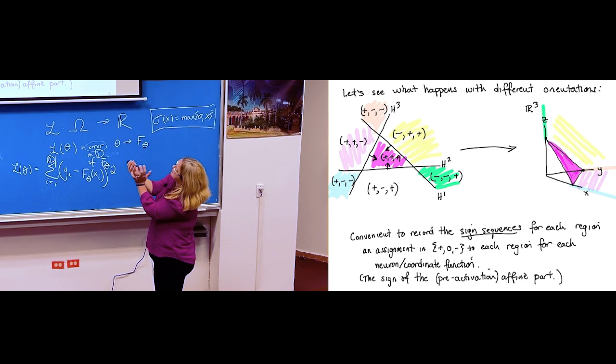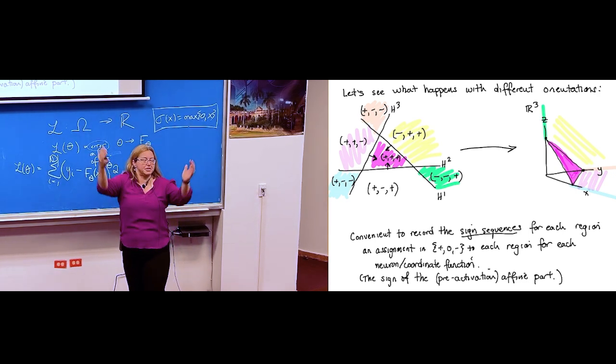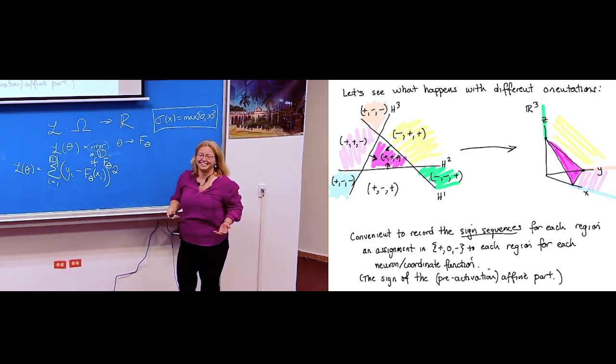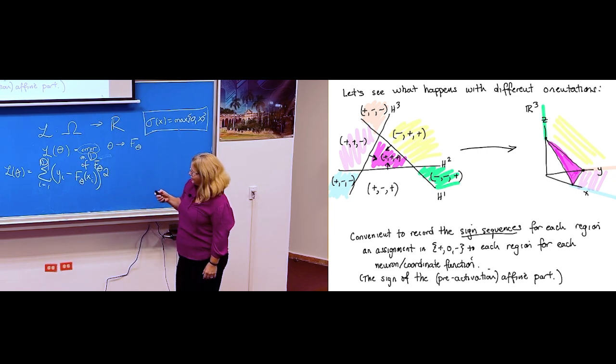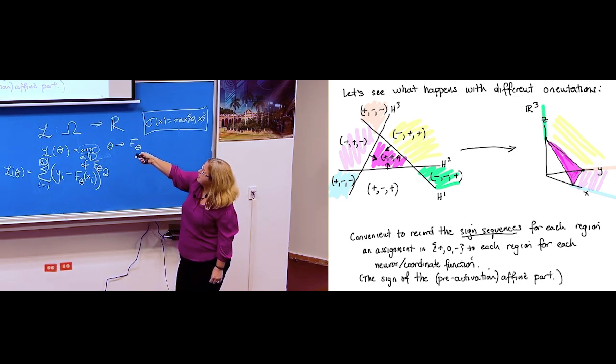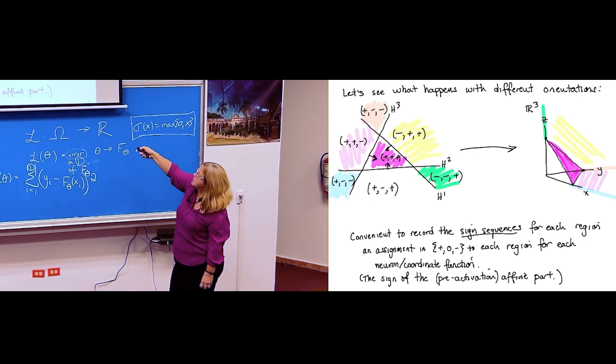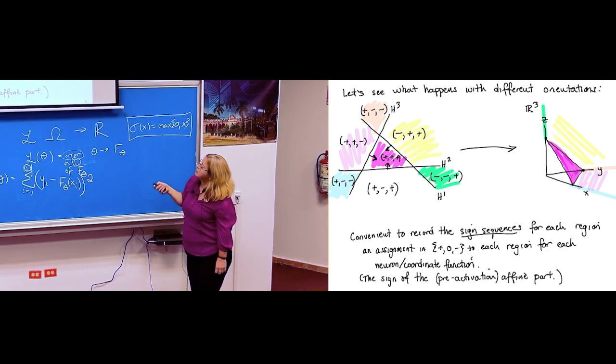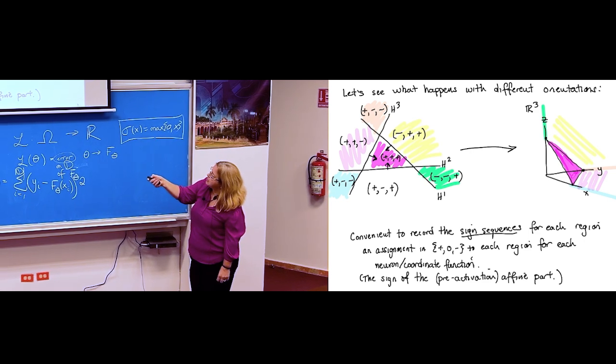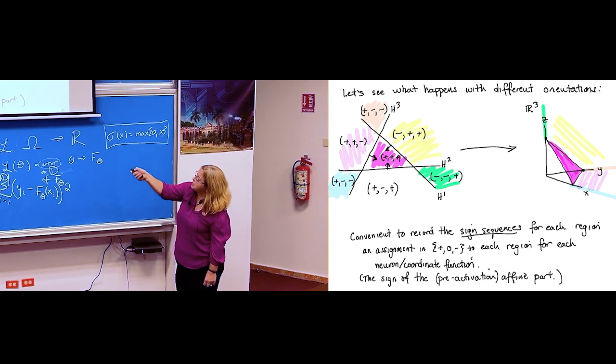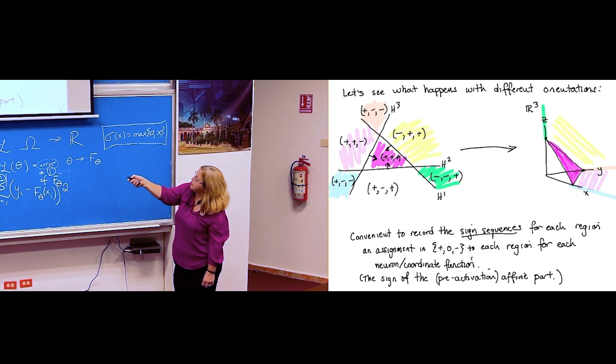And so you can see it just takes it and folds it up. So these signs, I call them the sign sequence. It's just convenient to record this for each region. So it's an assignment of either plus, minus, or 0, if it's on the hyperplane, to each region for each coordinate.